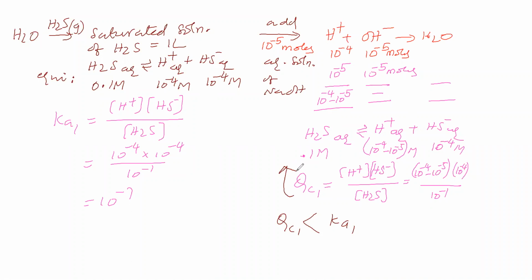This result says QC1 is less than Ka1. So the system is not at equilibrium. The system tries to attain a new equilibrium, for which it makes QC1 equal to Ka1.